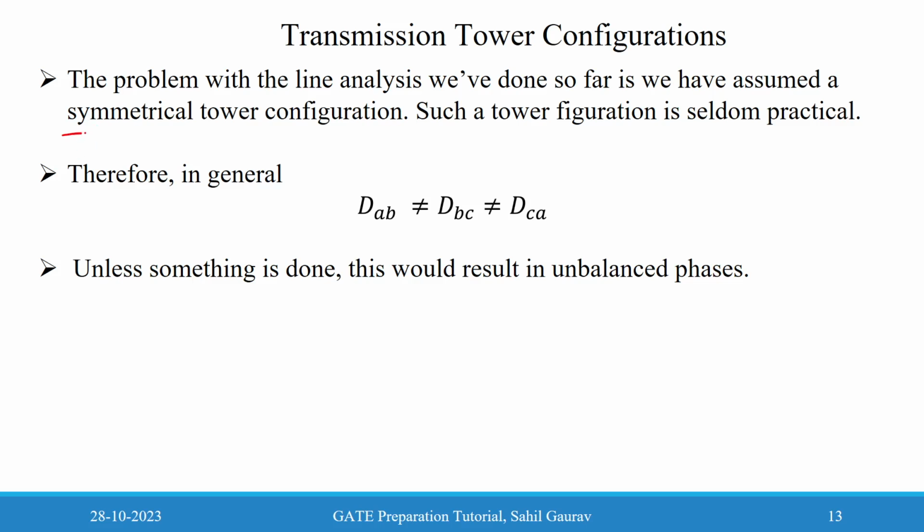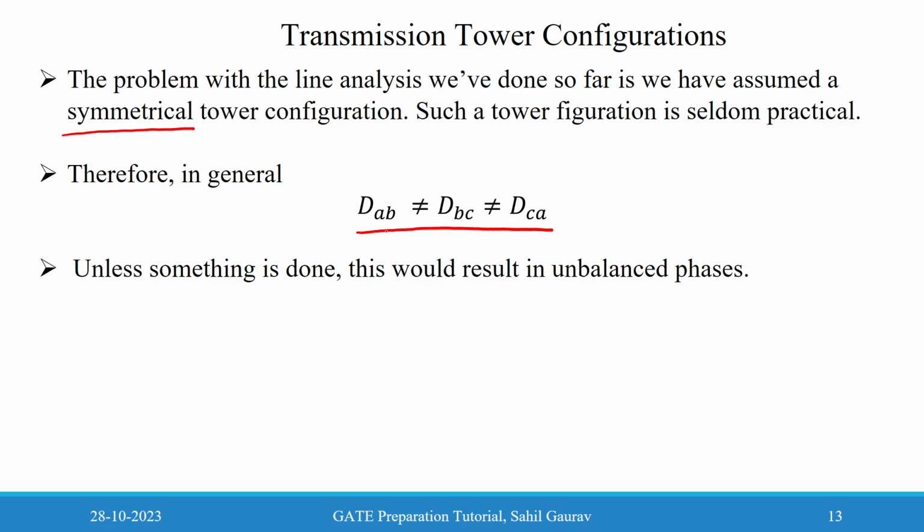But such a tower configuration is seldom practical because, due to mechanical constraints, the conductors are not equally placed. So we have to do something to get a balanced system.